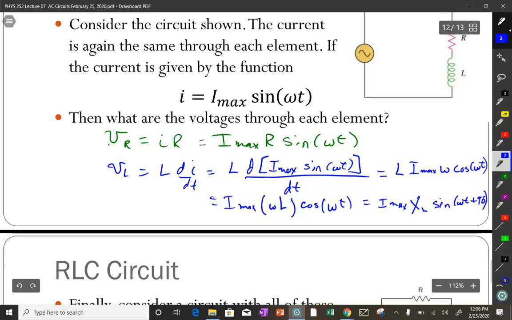So this was omega t plus 90 degrees because it didn't have the minus sign. When we did the capacitor, we had the minus cosine of omega t. Now we have plus cosine of omega t, so that's why it's plus 90 degrees instead of minus 90 degrees. 180 degrees different between plus and minus cosine.